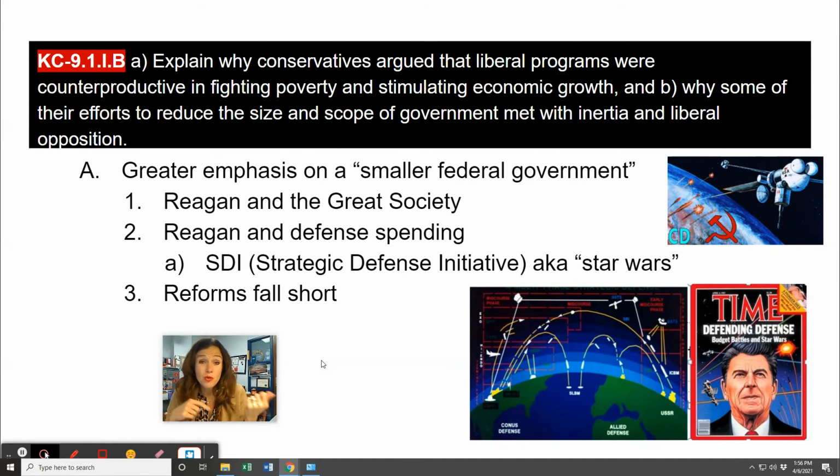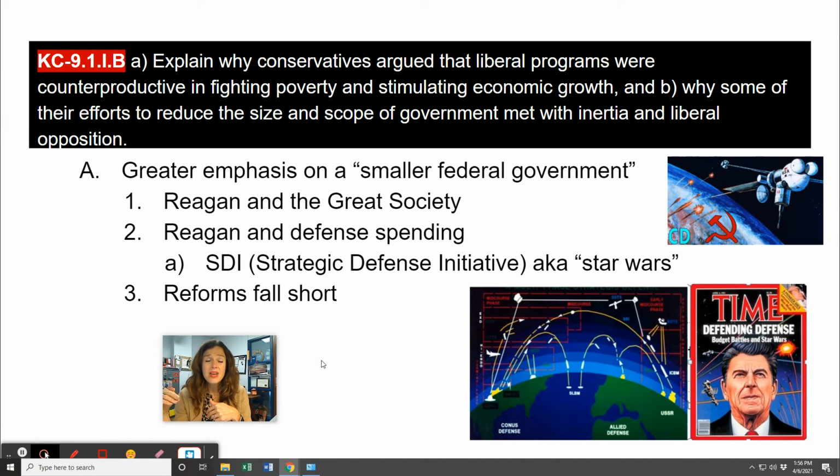Because the movie Star Wars came out right before, this plan was dubbed Star Wars. We spend money like it's no tomorrow. So even though we reduced government spending in some areas, like after school programs and other Great Society programs, we increase government spending, thus leading to a ballooning federal deficit.